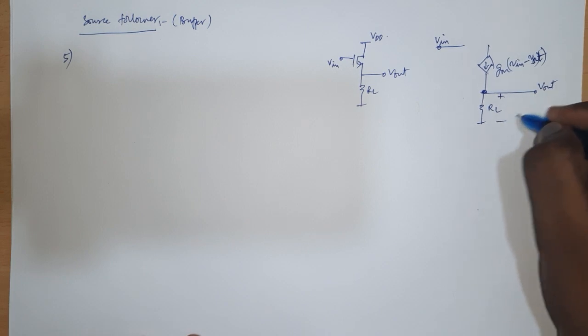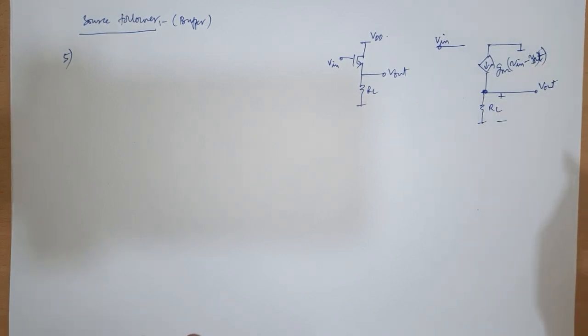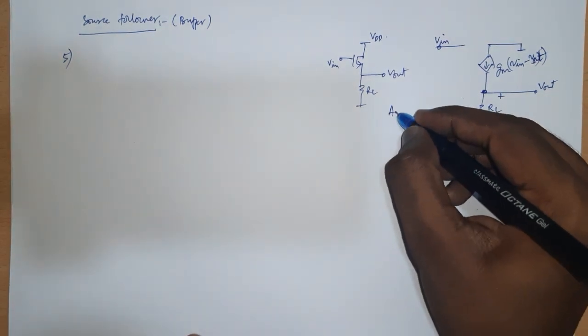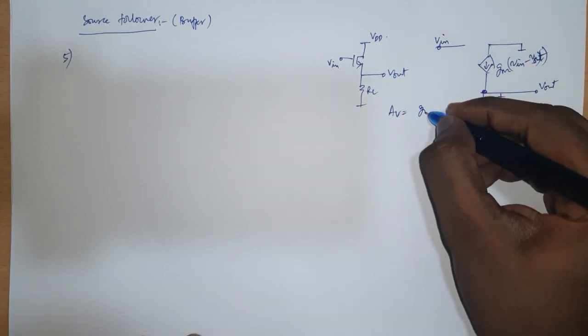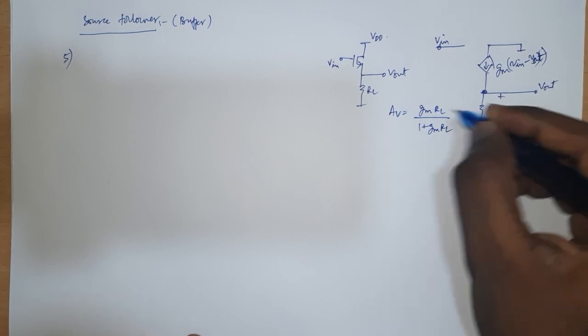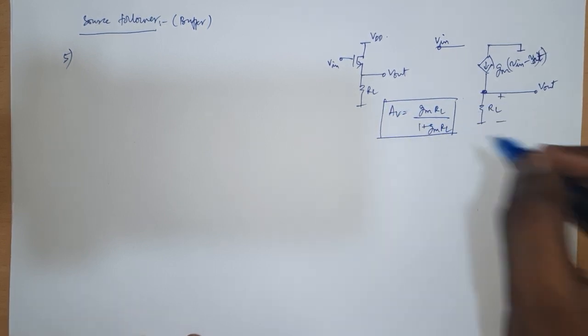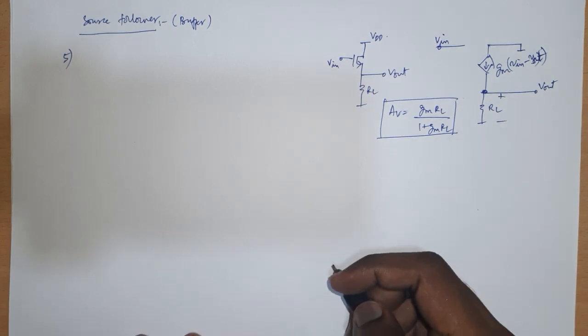The drain voltage is grounded. So this is the source follower, and of course you will have a gain of GM RL by 1 plus GM RL. You can work it out yourself. We have done this multiple times, and this is the gain.